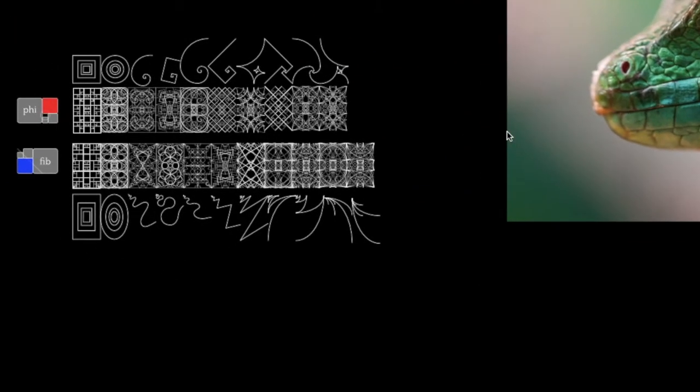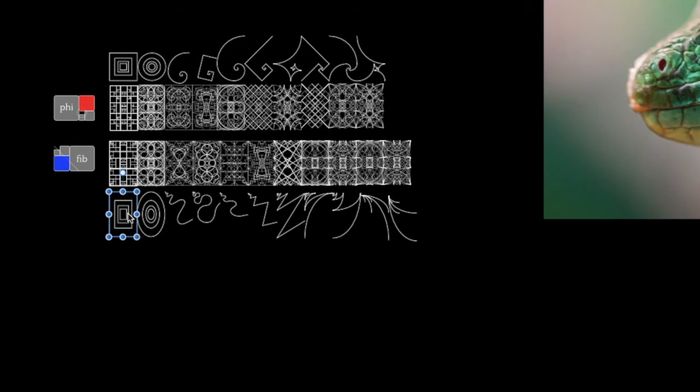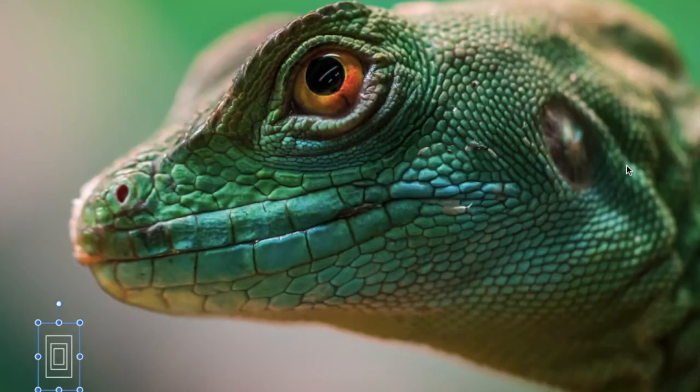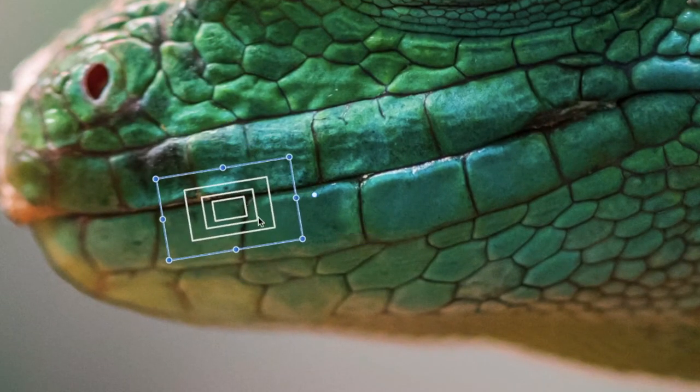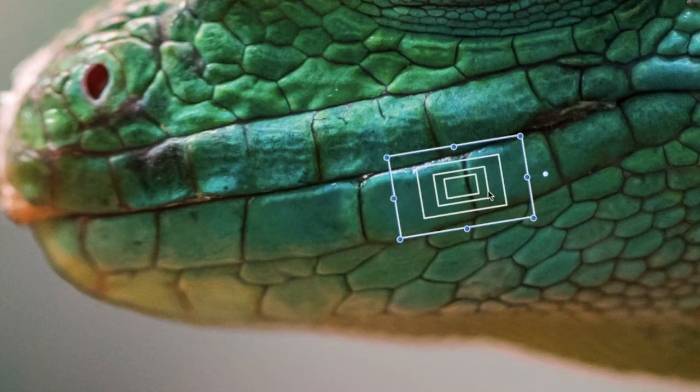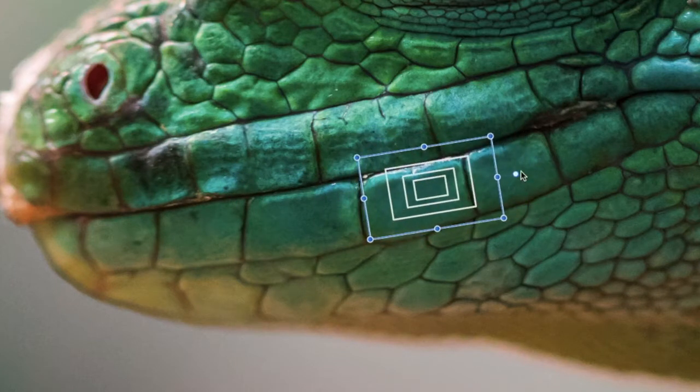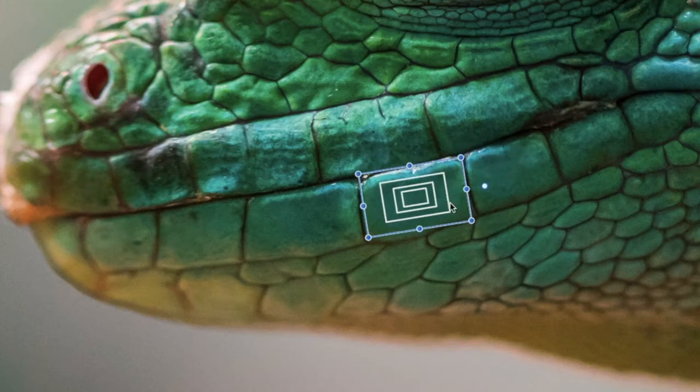Possibly. I'm a little curious about those lips. Let's find out if those lips are phi. Again, we got four rectangles here. And no, they're not going to be phi rectangles, obviously, because the height's going to stay the same.